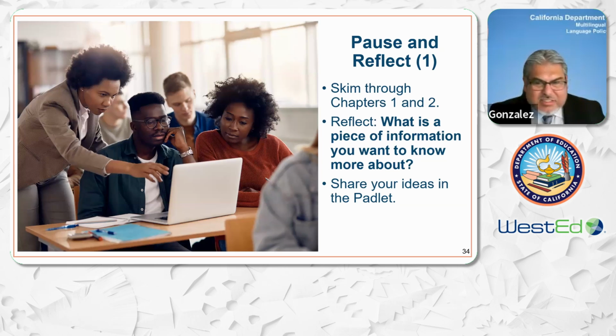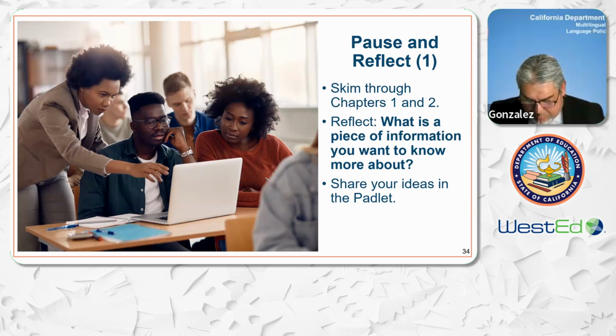So as folks are skimming, thank you, Christine. As folks are skimming chapter 1, what do you want to know more about? Do you want to know more about the purposes and the intended users? Do you want to know more about the goals of the standards? Do you want to know what is the rationale for the 3 proficiency levels of emerging, expanding, and bridging?